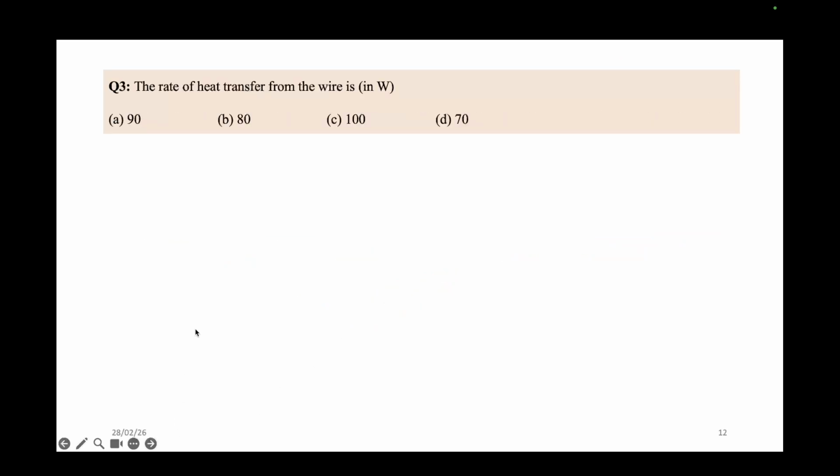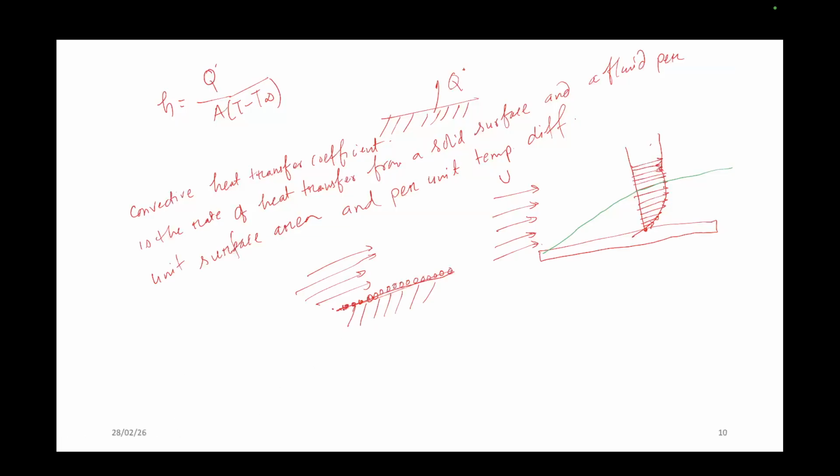Similarly, if you take the temperature gradient, initially you can see the temperature gradient will follow a profile, and the profile will change.